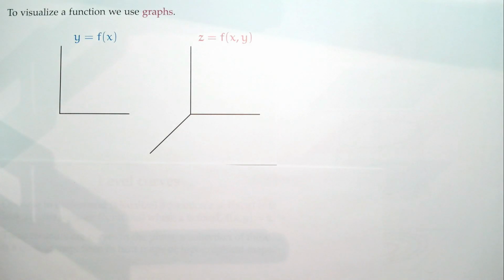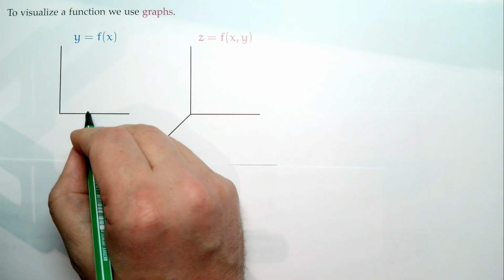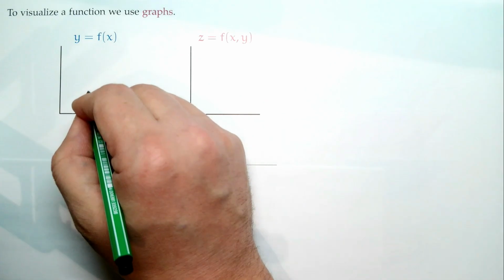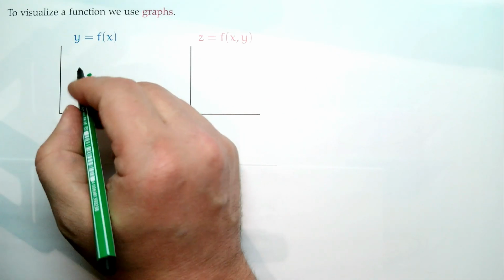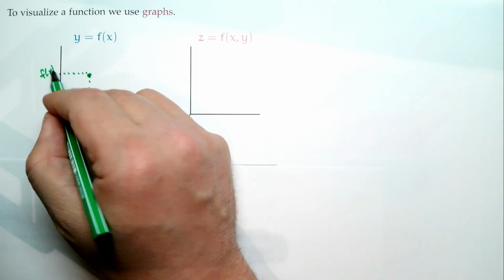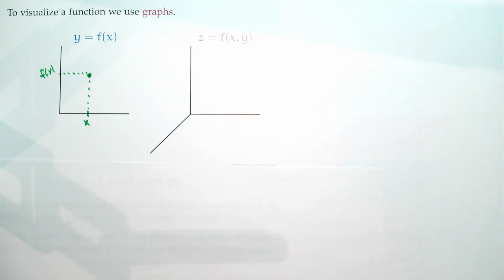And so we get into that habit of a function is a picture, which can be good or bad depending upon what you're doing. Now, how do we visualize? Well, the idea is for every input, here's a value of x, I look at the corresponding output. So here's a value f of x, and I get a single point.